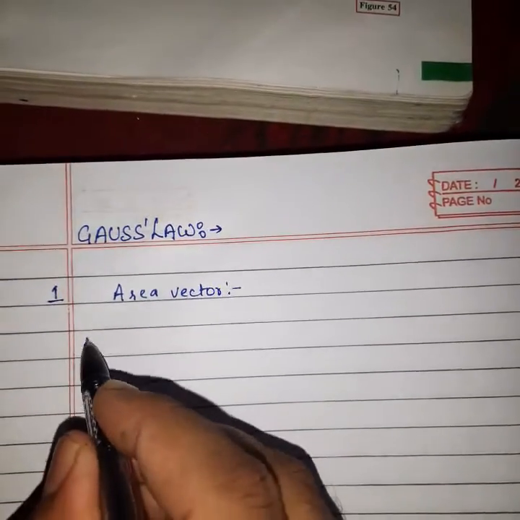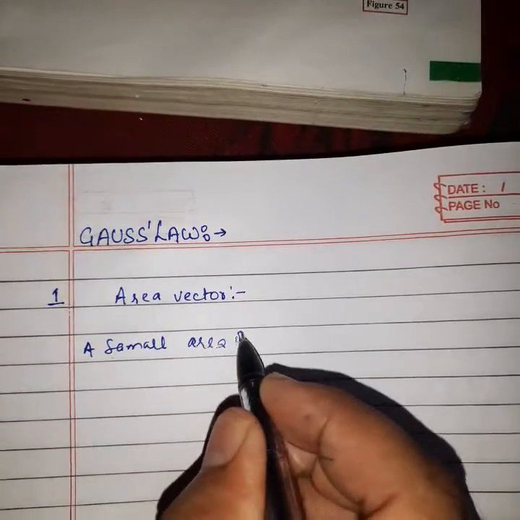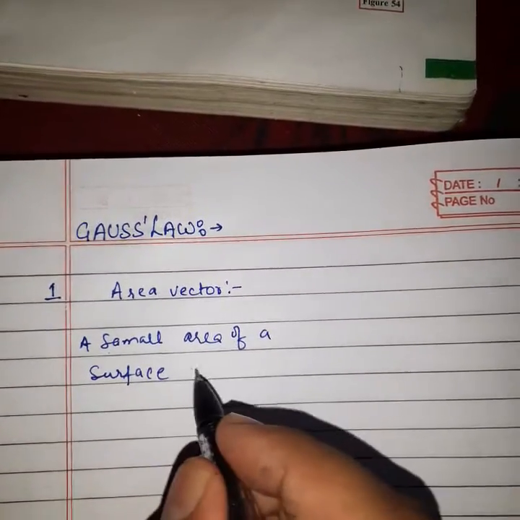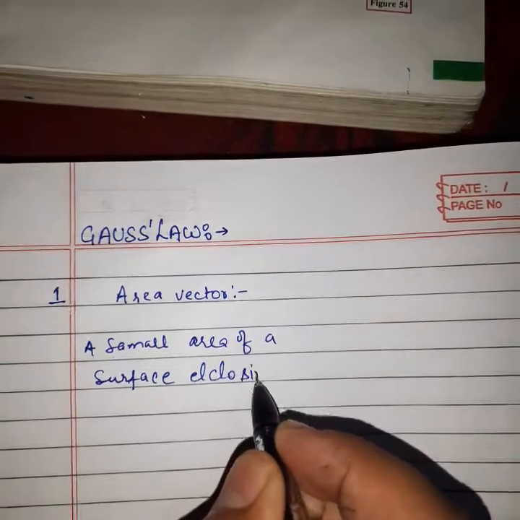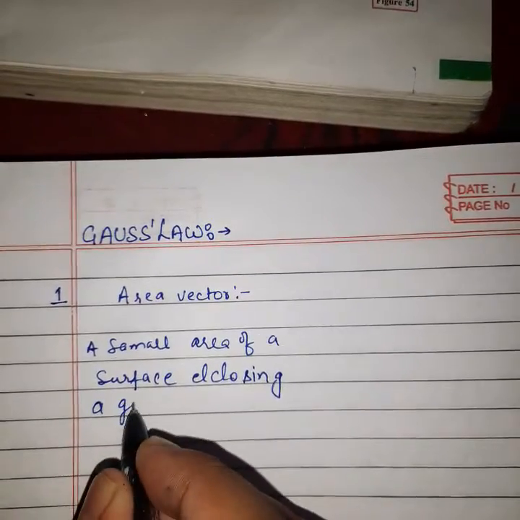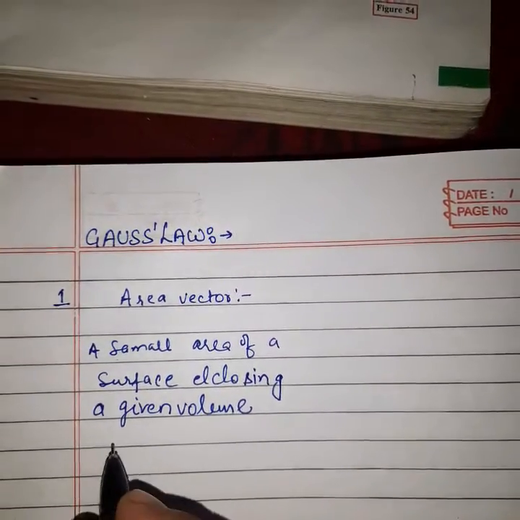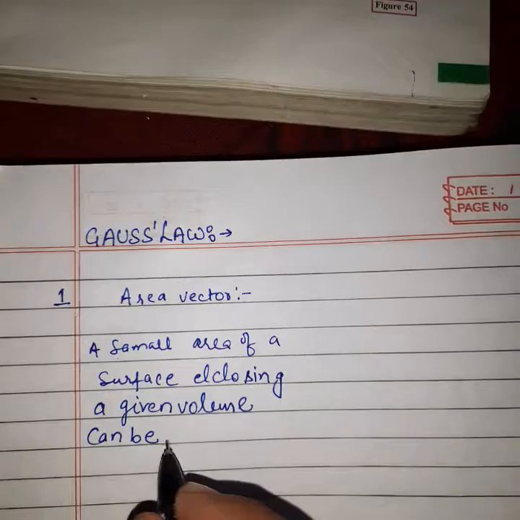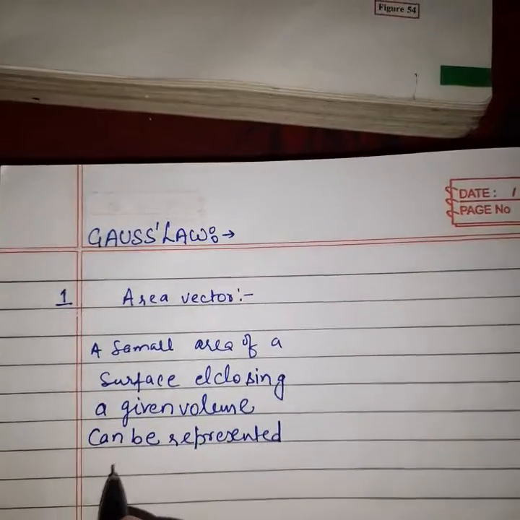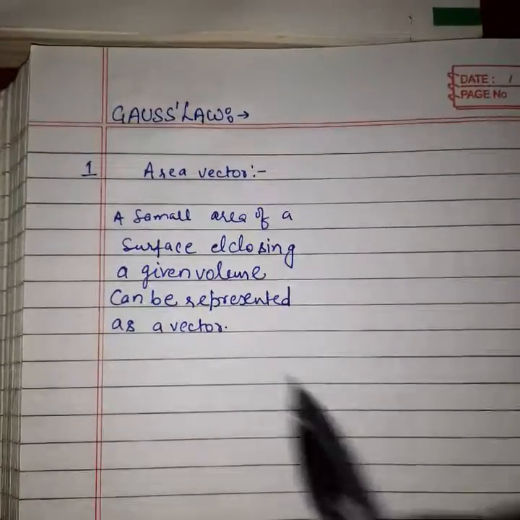Okay, so simply I'm writing: a small area of a surface enclosing a given volume can be represented as a vector. Okay, let us start to understand this topic with the help of a diagram.